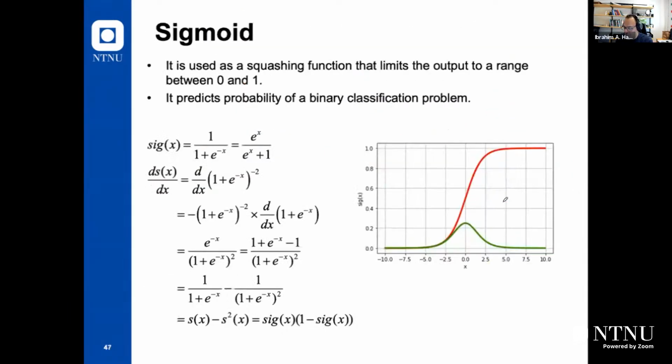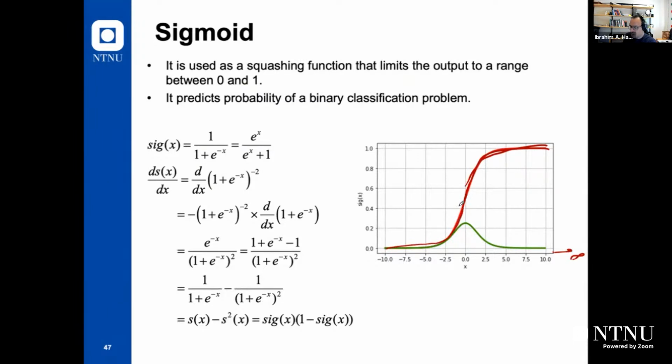The sigmoid function is used as a squashing function. This one is a sigmoid function. As you can see, it converts inputs from 0 to +infinity into that part, right? It will be a maximum of +1 at some point. And all negative values will be converted into that part, right?